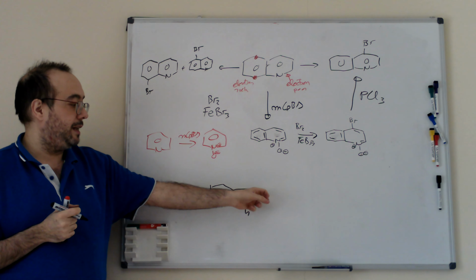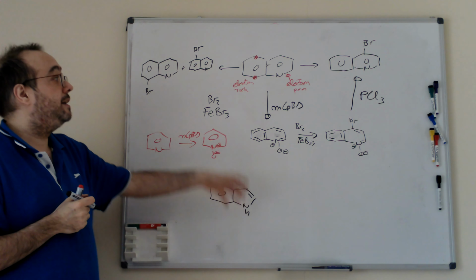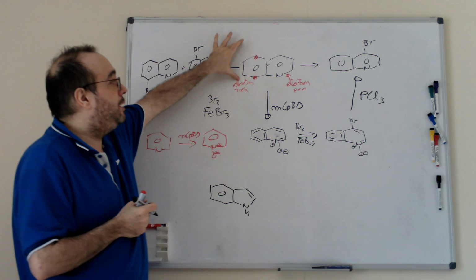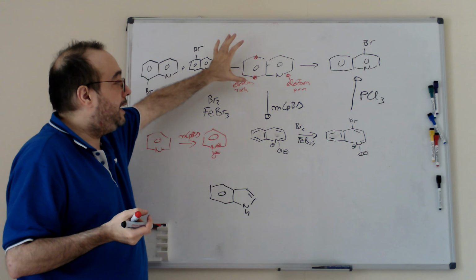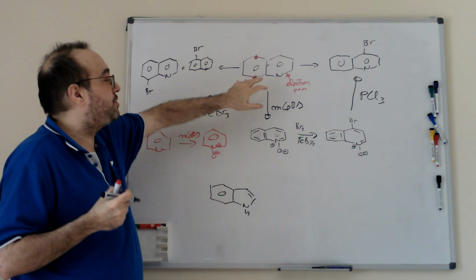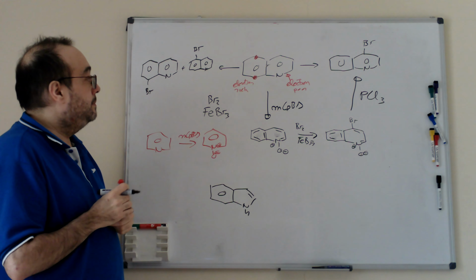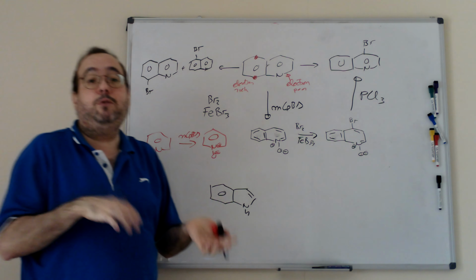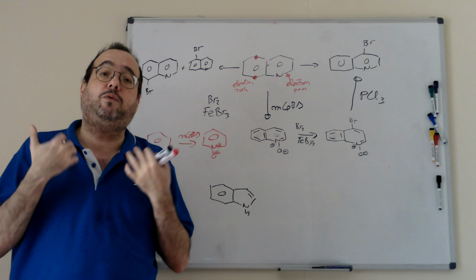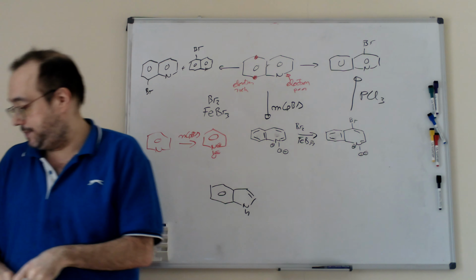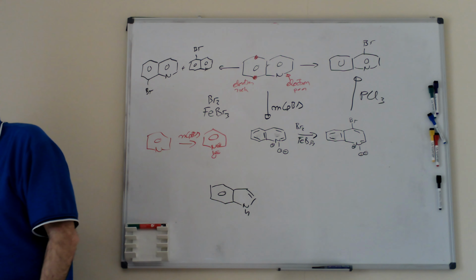That means the electrophilic aromatic substitution will take place in this or this position. Here it is just the same. We have a pyridine and we have a benzene ring. Where will the electrophilic aromatic substitution take place? In the electron-rich ring, that in this case will be the benzene. Okay, and then remember that if we want to activate a pyridine for electrophilic aromatic substitution, what we need to do is form the N-oxide. Okay? Thank you very much for your attention.